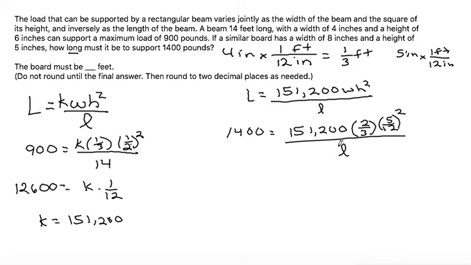So to solve this, in order to solve for a variable in the denominator, we first need to multiply both sides by that variable to get it into the numerator. So that makes 1,400 times the length is equal to, now let's multiply this out. 5 over 12 squared would be 25 over 144. Then we can multiply the 25 by 2 to make that 50.